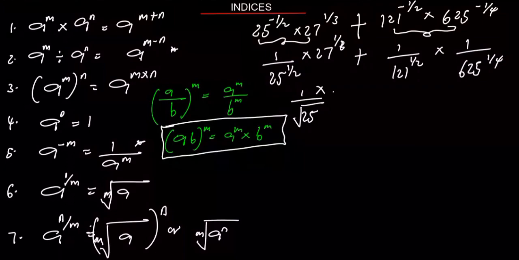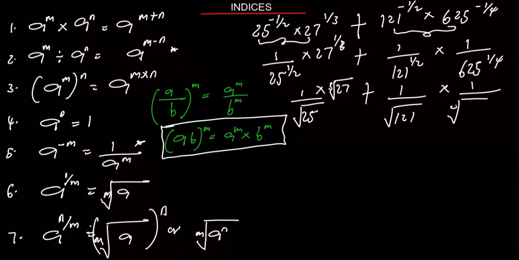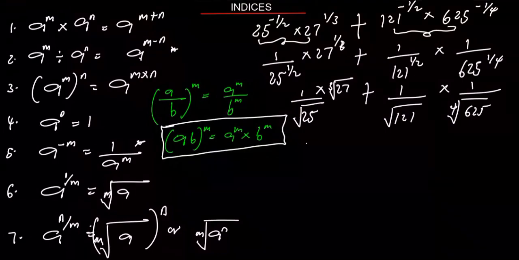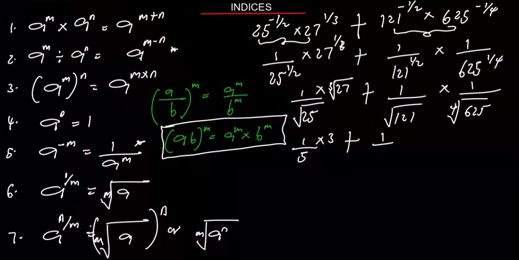Raised to power 1 over 3 means cube root. Plus this means square root of 121 times 1 over this means fourth root of 625. It means that what we multiply 4 times to give you 625, and if you do that, you should get 5. So this is 1 over square root of 25 is 5, cube root of 27 is 3, plus this is 11 times this is 5.